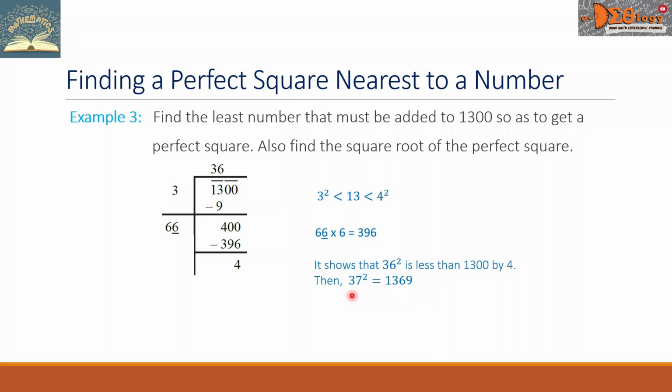That means we're going to consider this 37 square. So the least number to be added, this 1,369 minus 1,300, and the answer is 69. And that means the perfect square number that we're looking for is this 1,369. And the square root of this is 37.